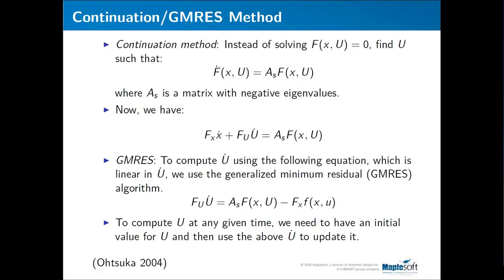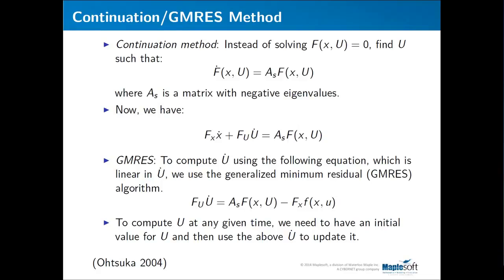Now, the derivative of F with respect to time can be computed using partial derivatives with respect to x and u. So we have Fx x dot plus Fu u dot equals AS F. This equation has a very interesting property, and that is it's linear in u dot.